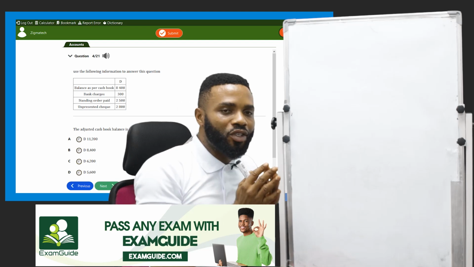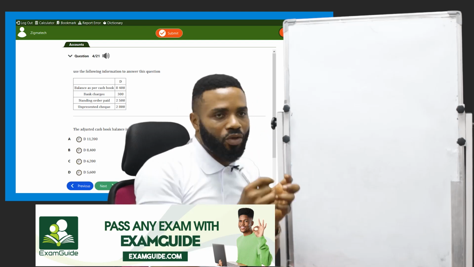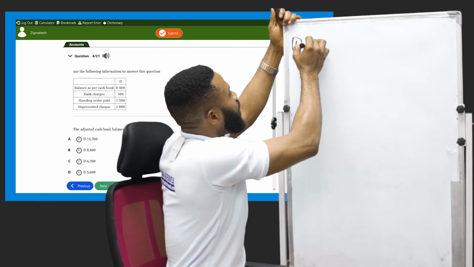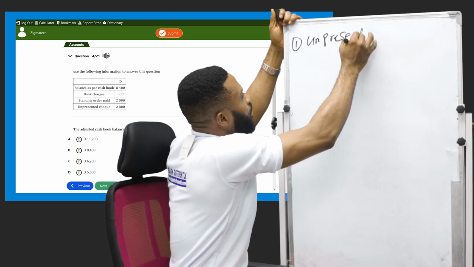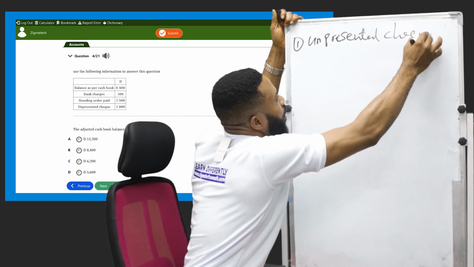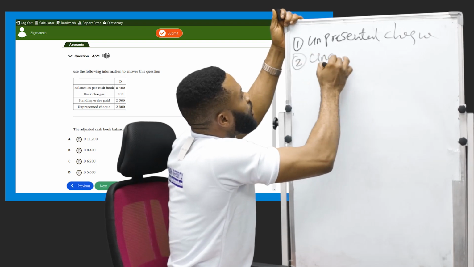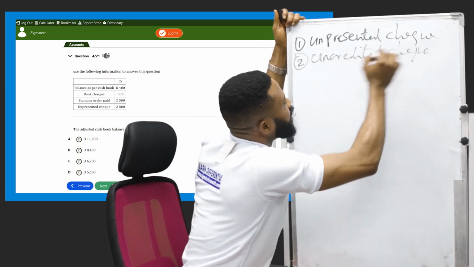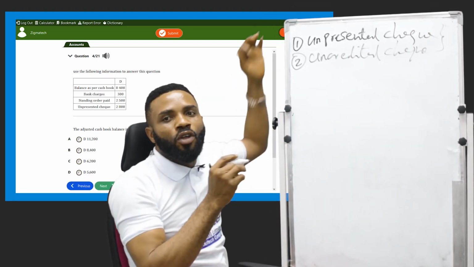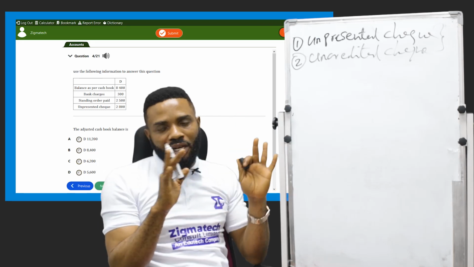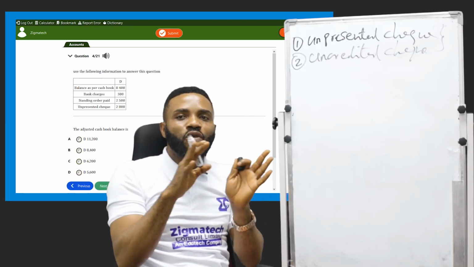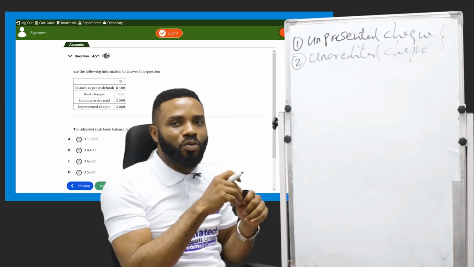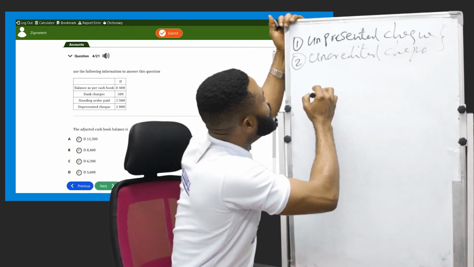When you are adjusting the cash book, the only transactions that will not reflect in the adjustment are, number 1, unpresented check, and number 2, uncredited check. Every other transaction in the question will be used, but these two will not be used. So if we are adjusting the cash book, the cash book looks like this.